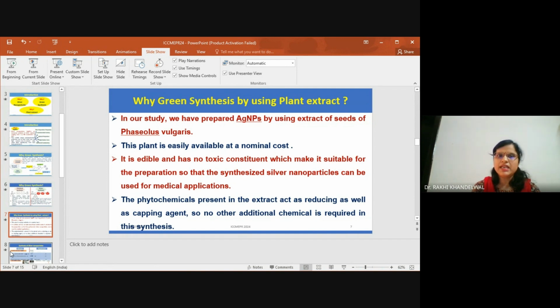It is an edible plant and has no toxic constituents, which makes it suitable for the preparation of silver nanoparticles. And after the synthesis, these synthesized silver nanoparticles can be used for medical applications. Thirdly, the phytochemicals present in the extract act as a reducing as well as a capping agent, so no other additional chemical is required for the synthesis.